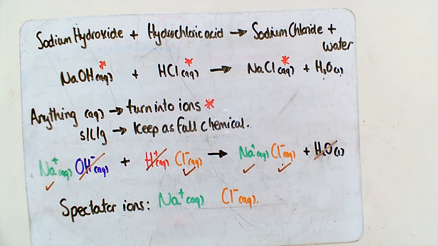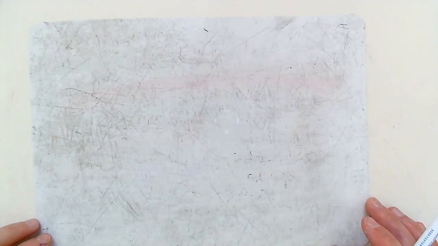So that's how we do it. We'll do another example of that. Try a different chemical equation just to see the process happening again.